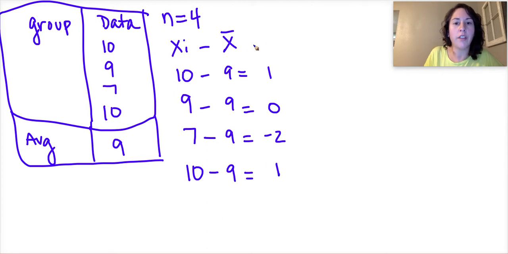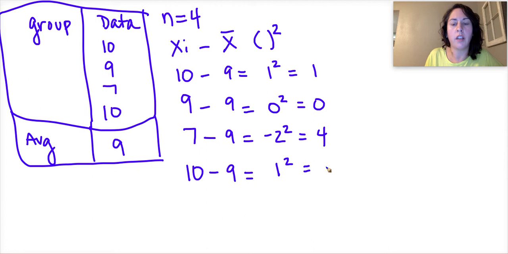Now we're going to take each one of these and square it. Whatever's in here, we're going to square it. So I should end up with a 1, a 0, a 4, and a 1.